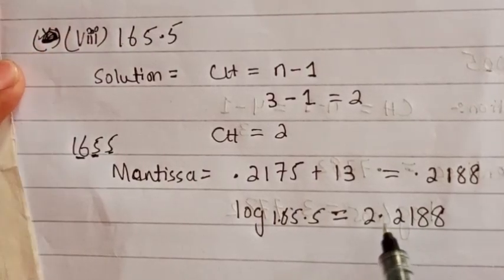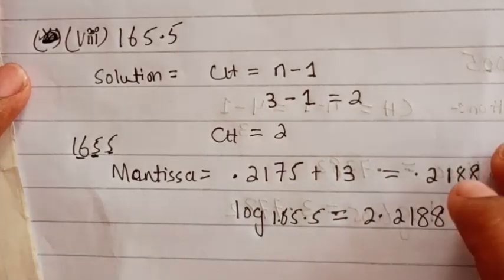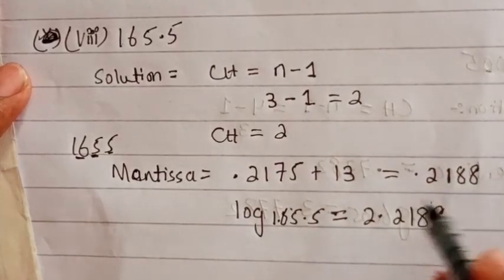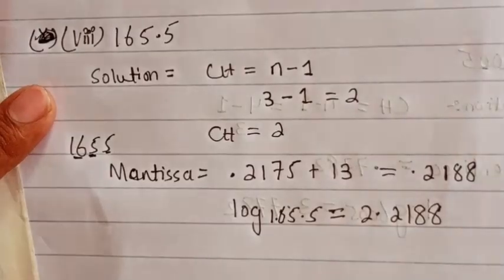You can also calculate it through a calculator. A calculator can easily find it out, but by using your mind, you can use the logarithmic table and write it yourself.